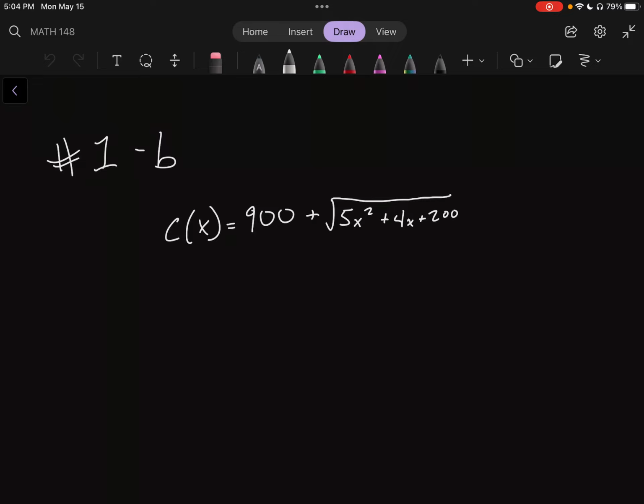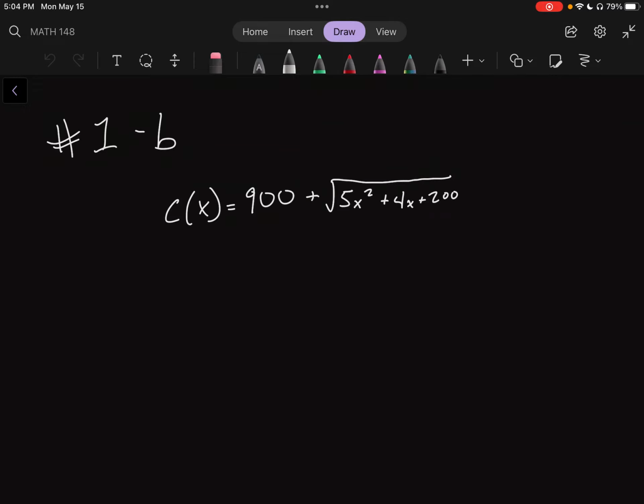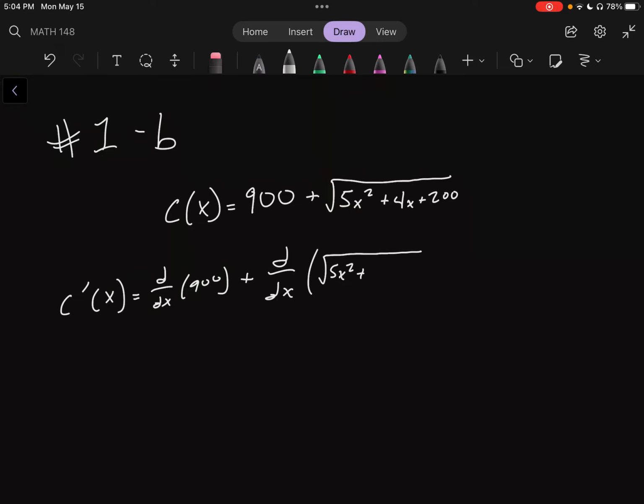And part 2 tells us to find the marginal cost function. To find the marginal cost function, we are finding the derivative of the cost function, right? So the marginal cost function is going to equal the derivative of C of x, which is the derivative of 900 plus the derivative of the square root of 5x squared plus 4x plus 200.